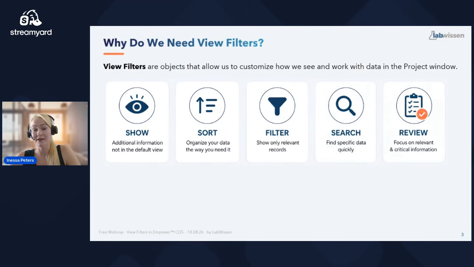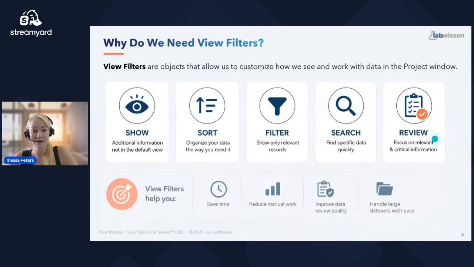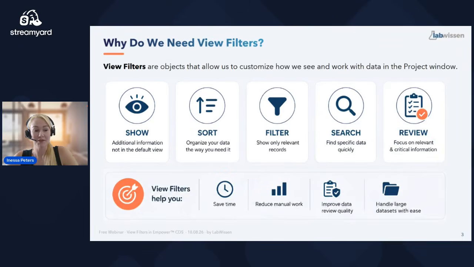And we can review our data faster, so we can focus on relevant and critical information. In total, view filters help us to save time, to reduce manual work, to improve data review quality, and to handle large data sets with ease.